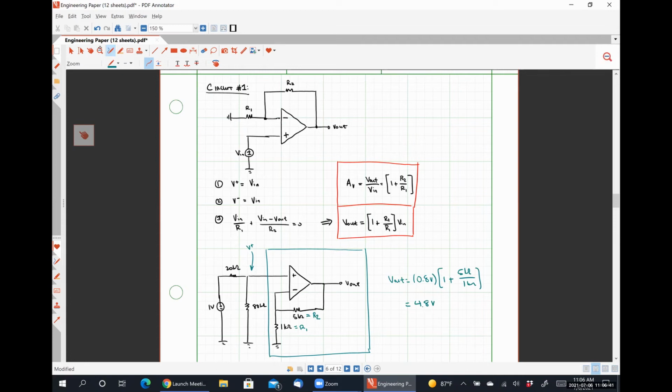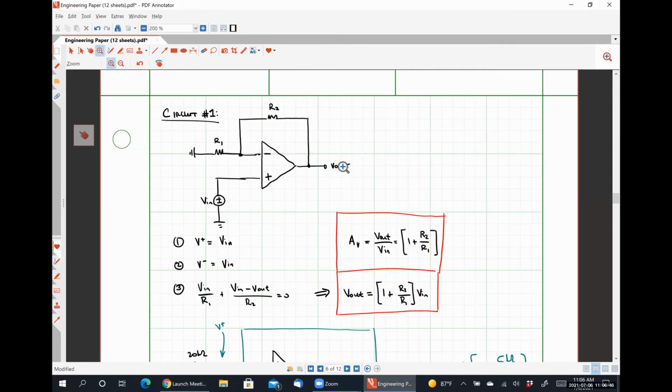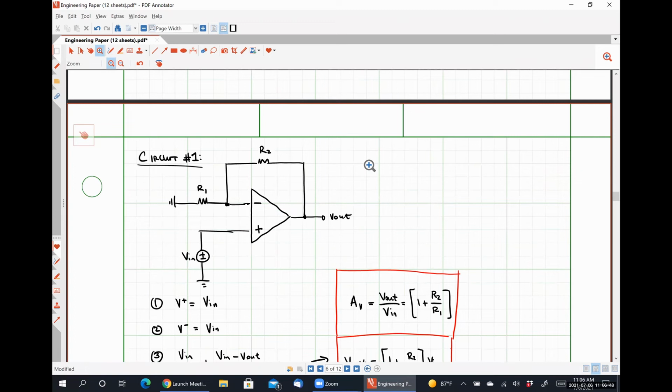All right, let me circle back around here real quick. Now I'd like to show you how you might see this circuit and it makes no difference whatsoever. You could see some resistor here, I'm just going to call it R3.